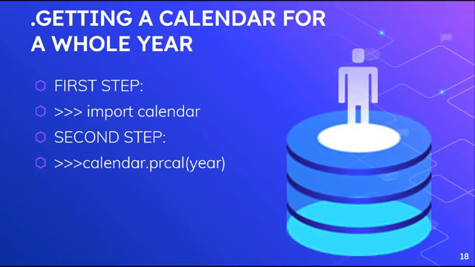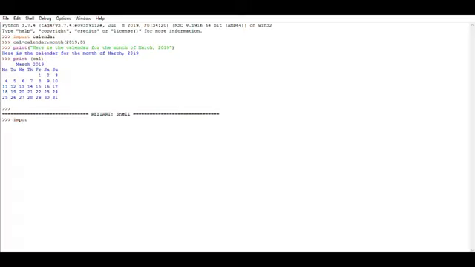Next is getting a calendar for a whole year. This is just like the other one, but here we are using the function prcal, for which you are indicating what specific year you want to print. Like for example, the method in getting a calendar is quite simple.